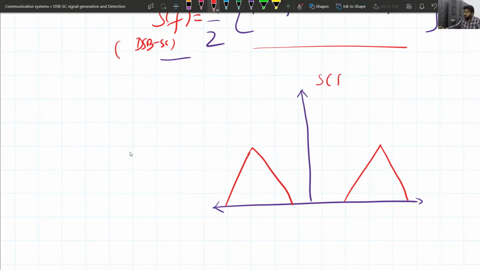This is S(f) of DSB-SC, and its value will be M0 by 2.